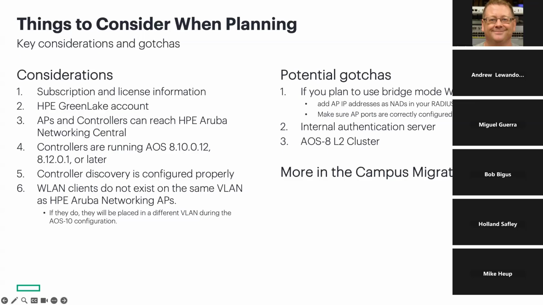So when you're starting to do this migration, if you are starting it with the workflow that I'm going to detail in a second here, where we're taking one controller first, converting it to a mobility gateway, by making sure that you have it in L2 cluster mode, your hitless failover will work almost flawlessly. That's one of my favorite things about AOS 8 and then now AOS 10, is the hitless failover capabilities. Again, more information is in the VSG.